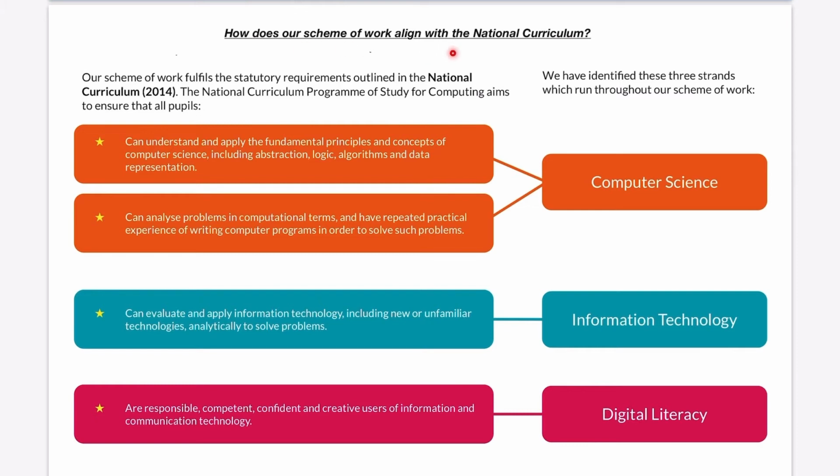How does our scheme of work align with the national curriculum? If we analyse and break down the computing objectives from the national curriculum, we can identify three broad strands: computer science, information technology, and digital literacy.